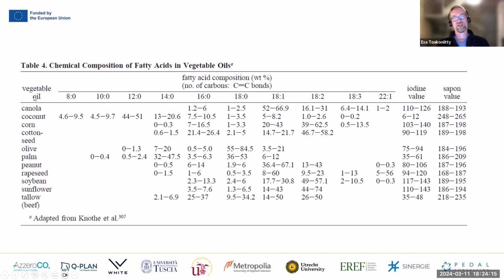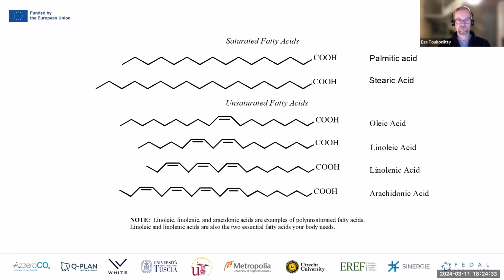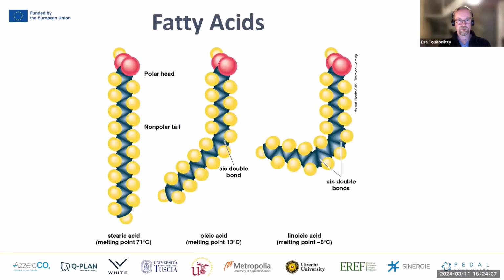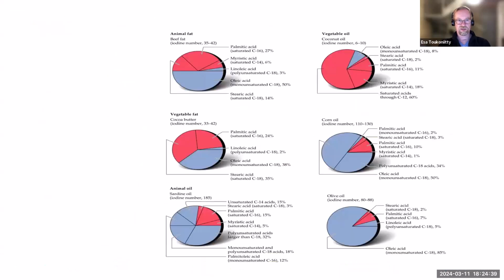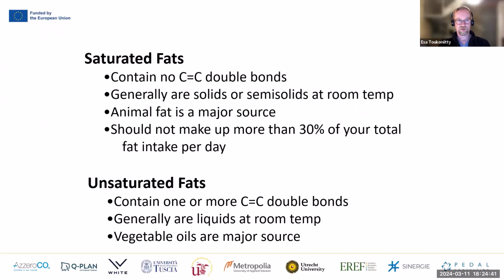So there are different fatty acid compositions, different amounts of those, and that gives the particular fat or oil its common properties. I don't have much more about these triglycerides.